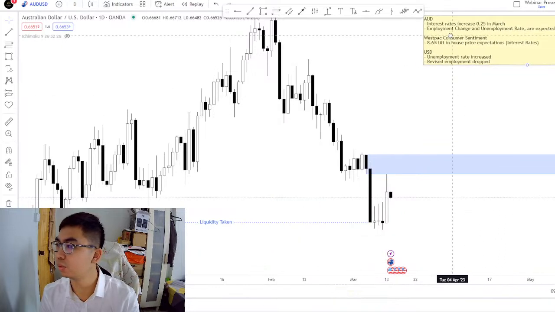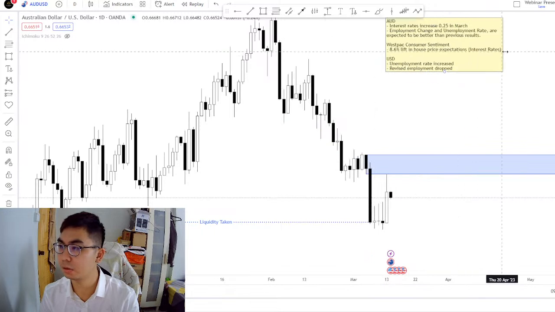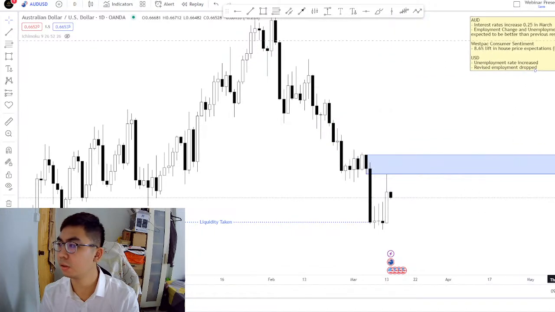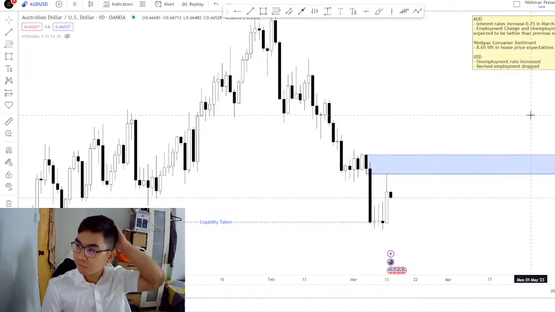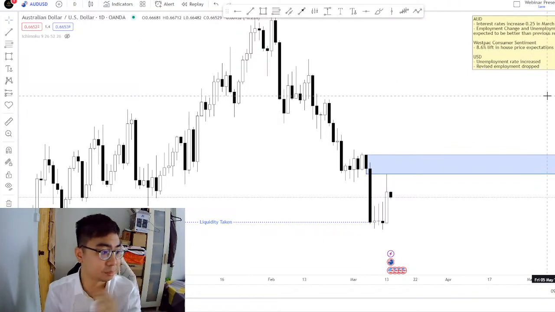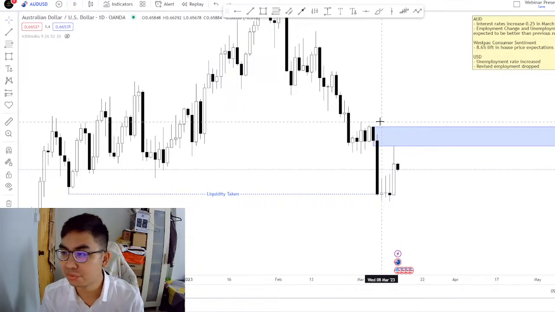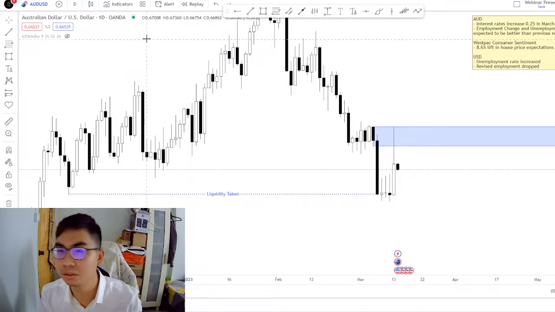Okay, this is what I'm actually looking at. Everything is in place. You guys know what I'm exactly talking about. I'll just move down towards the H4, expecting price to go up and clear this area.